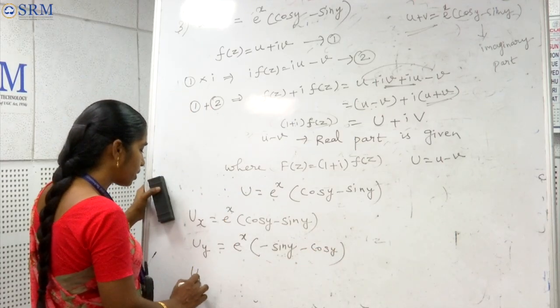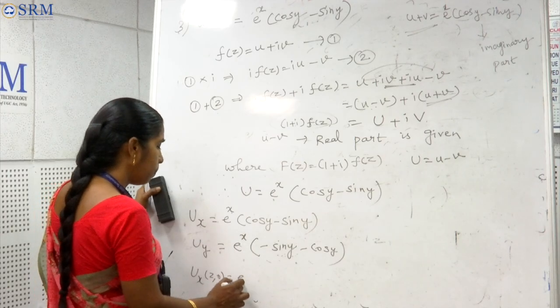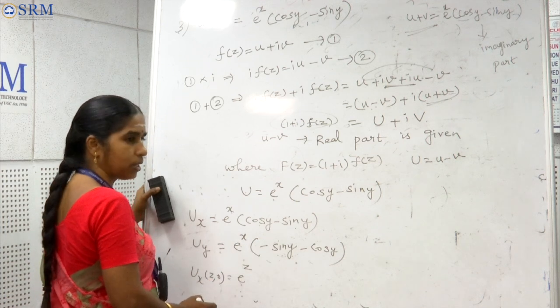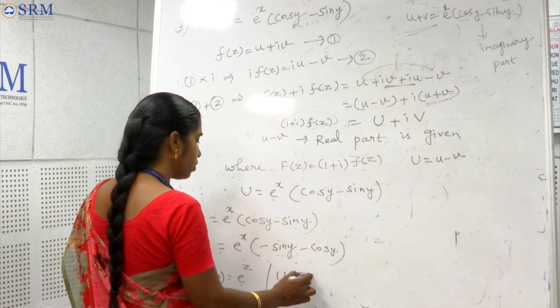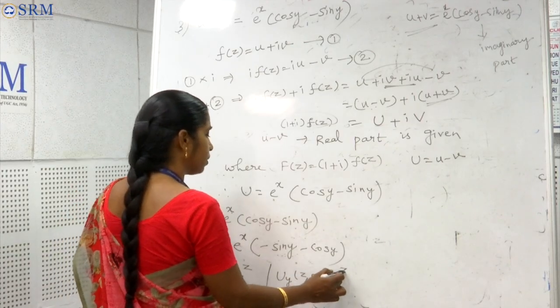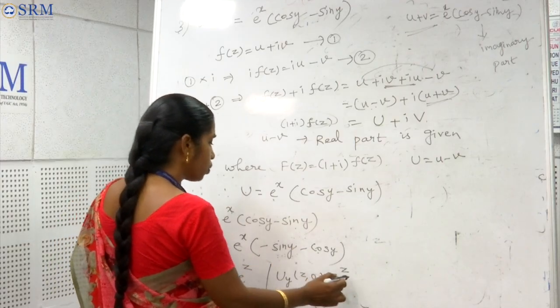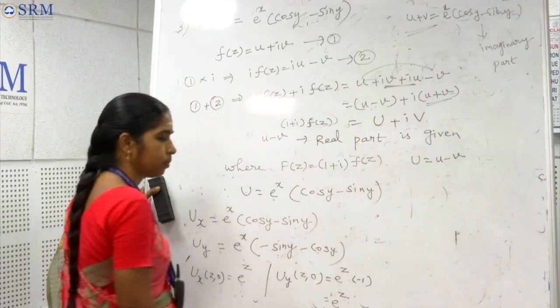Next, Ux of (z, 0) is equal to e power z, since cos 0 is 1 and sin 0 is 0. Next, Uy of (z, 0) is equal to e power z, since sin 0 is 0 and cos 0 is 1, but with a minus sign. So the answer is minus e power z.